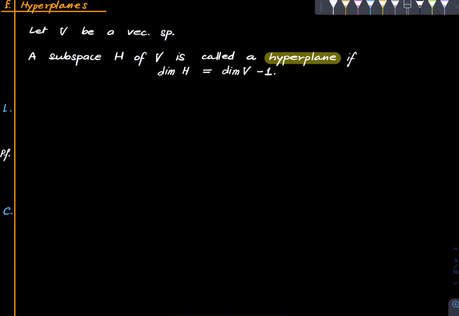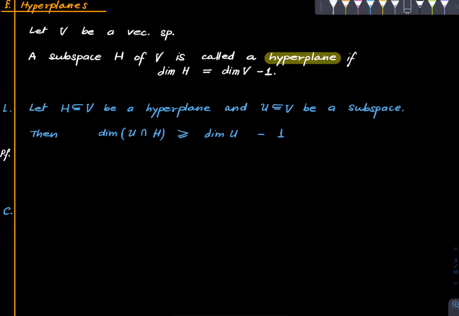Okay, so here is a very simple lemma about hyperplanes. If H is a hyperplane in a vector space V and U is a subspace of the vector space V, then the dimension of the intersection of the subspace with the hyperplane doesn't drop by more than 1.